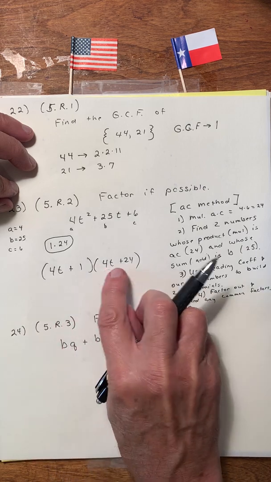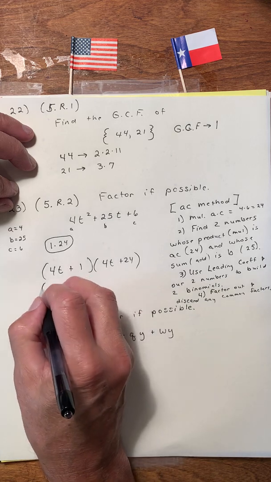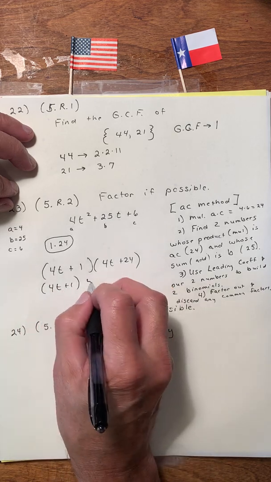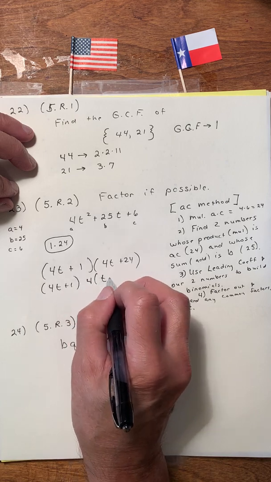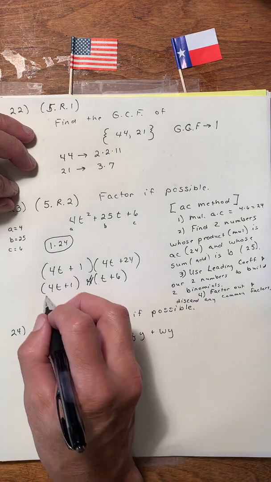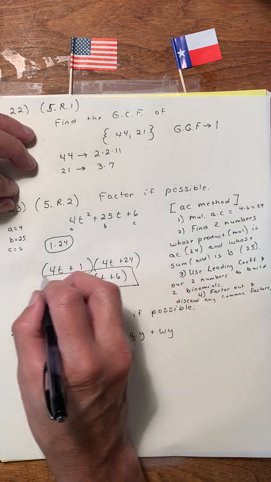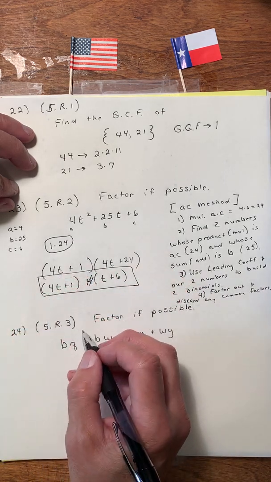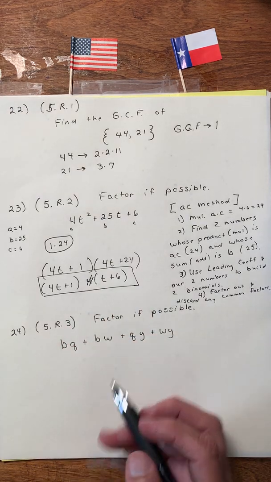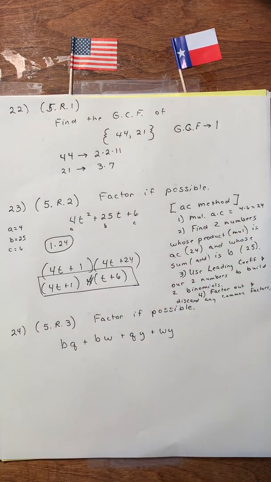Yeah. 4 will go into both these guys. So I'm going to factor out the 4 and discard it. This, ladies and gentlemen, is my factorization. 4t plus 1 and t plus 6. Again, that's the AC method.